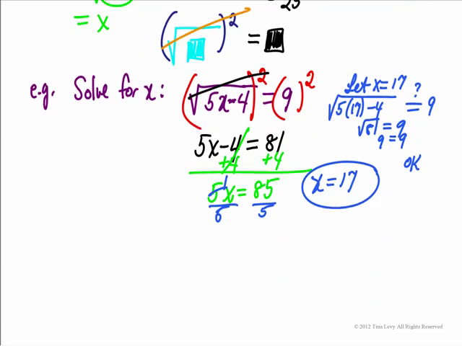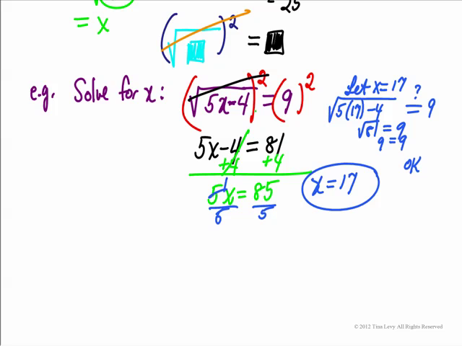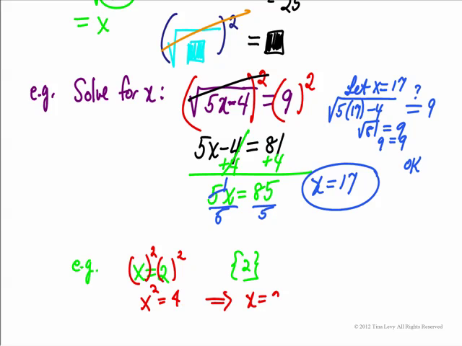The reason we're going to have to check is because when we square an equation, we sometimes get what's called an extraneous solution. So for example, if I took the equation x equals 2, that only has one solution, and that solution is 2. If I square both sides, I get a new equation. X squared is 2 squared is 4, but there turn out to be two solutions for this. X could either be positive 2 or negative 2.